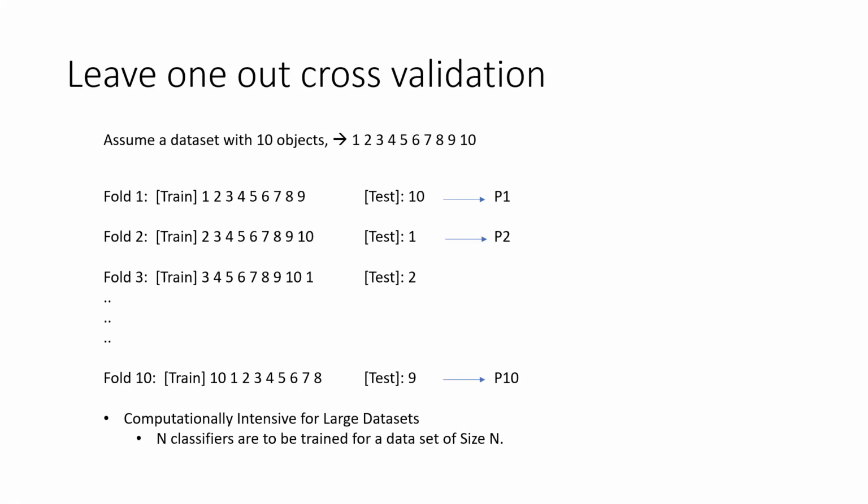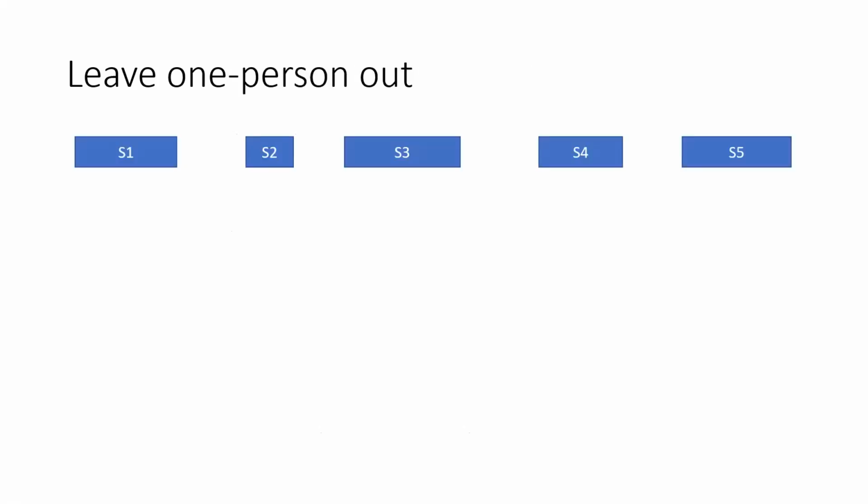Now, another variant of leave one out cross validation is leave one person out. Most of us who work in the health domain may have data from different persons. For example, activity recognition or whatever; in our group, we worked on agitation detection and fall detection and things like that.